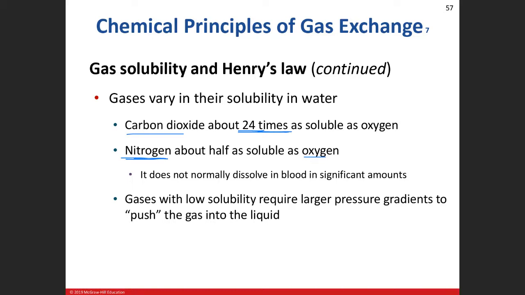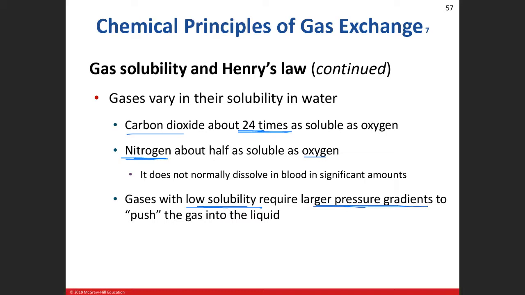So when we're dealing with gases that have a low solubility, they need more pressure, larger pressure gradients, to get that gas into the liquid. Because isn't that what we're trying to do? When you're breathing in air from this room, we've got to get that oxygen into the blood to get it to the tissues.